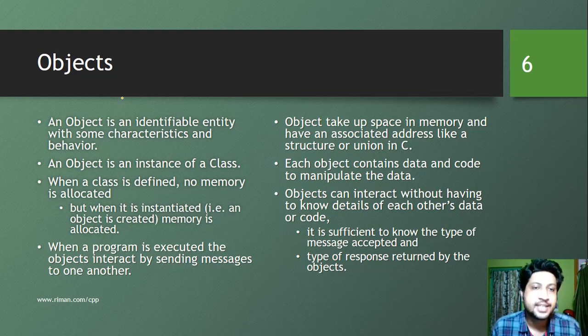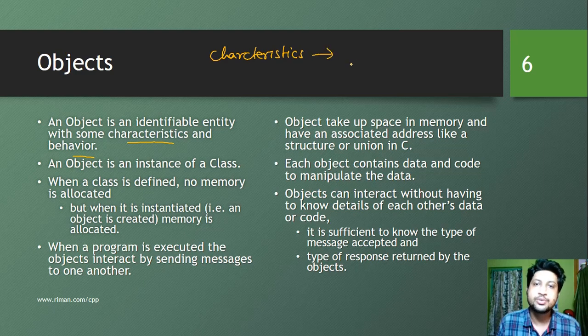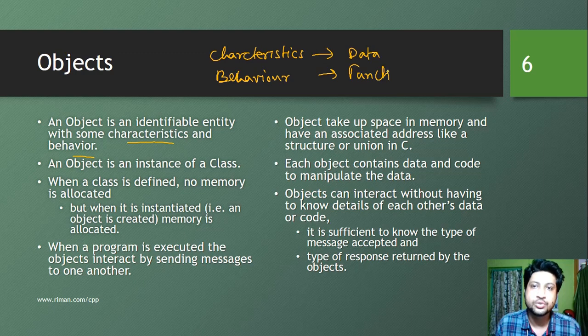So the object is an identifiable entity with some characteristics and behavior. These characteristics are actually the data, and behavior is actually the functions. So these functions can only operate on this data.